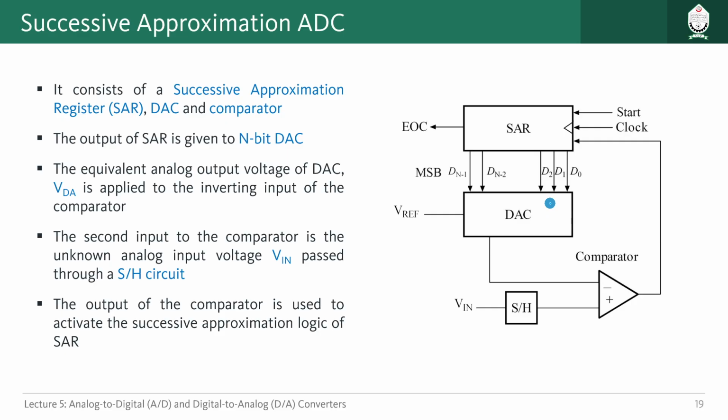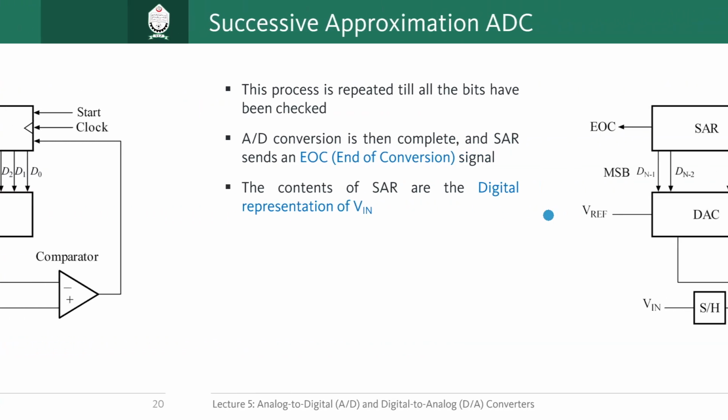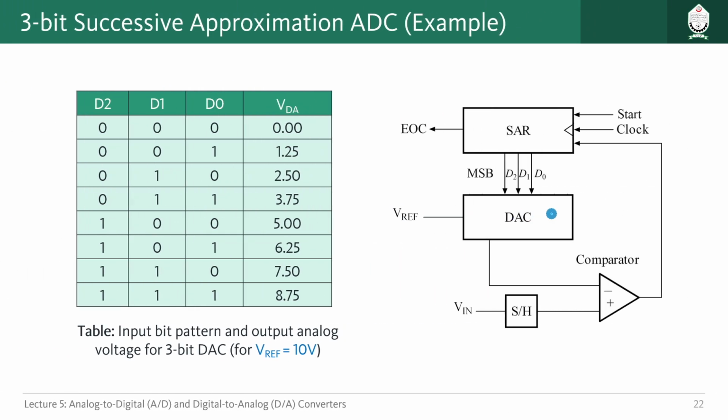For our case, we will always look at an example of a 3-bit ADC which contains a 3-bit DAC, right? The input-output behavior or relationship of that DAC looks something like this. You see we have a 3-bit input to the DAC, and the corresponding output comes out.